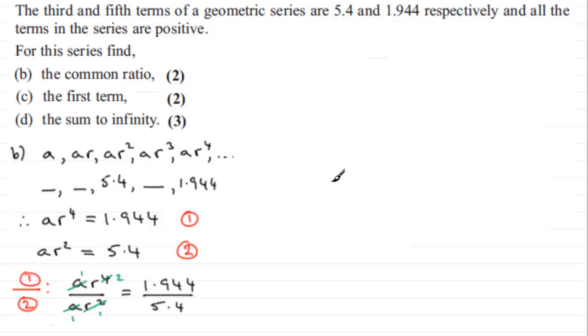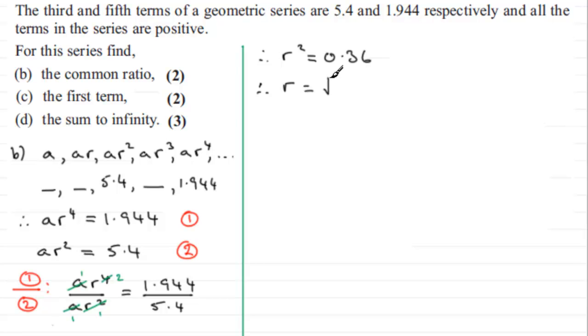And so if we work out what 1.944 divided by 5.4 is, it turns out to be 0.36. So we've got r squared equals 0.36. And to get r would be equal to the square root of 0.36. Now normally it would be plus or minus. In fact, I'm just going to write plus or minus there.